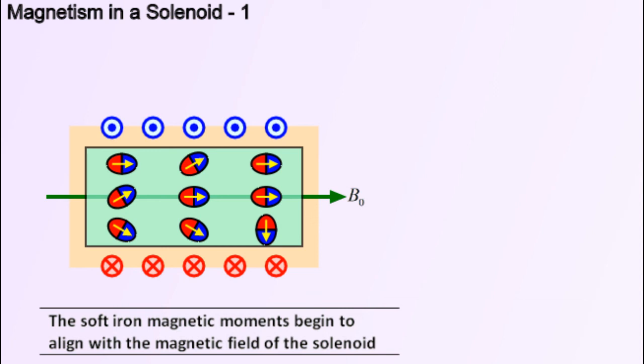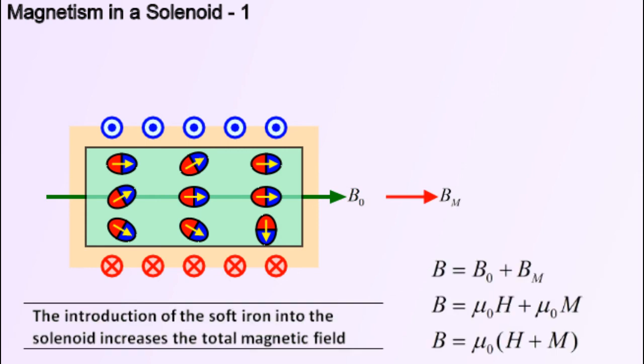So if the magnetic moment of the soft iron aligns, what would be the consequences? When this alignment of the magnetic moment takes place, another additional magnetic field, Bm, is created due to the aligned magnetic moments of the soft iron core.